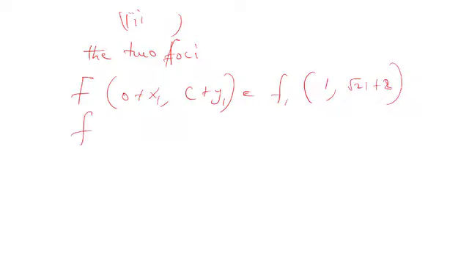The second focus will be the same, x1 plus 0, but now minus c plus y1, which is F2 equals 1 comma minus root 21 plus 2.